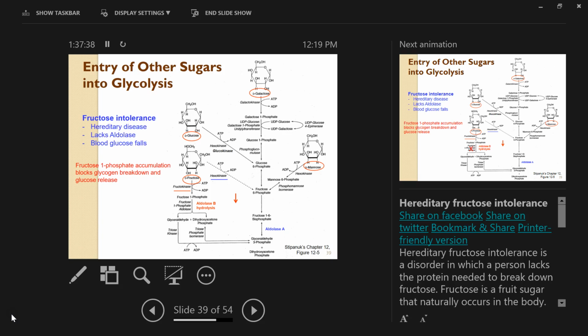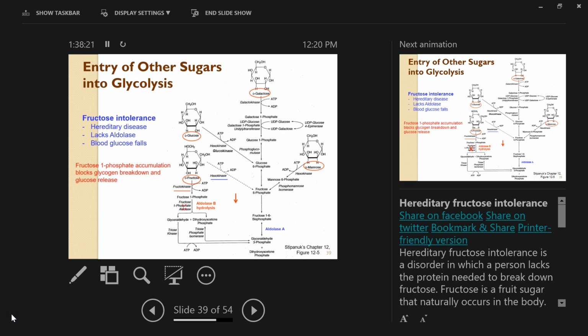There is an inherited disease called fructose intolerance that I wanted to mention, since we talk about fructose metabolism. This genetic deficiency disease is due to the lack of aldolase B. Aldolase breaks down fructose 1-phosphate into the 3-carbon intermediates.